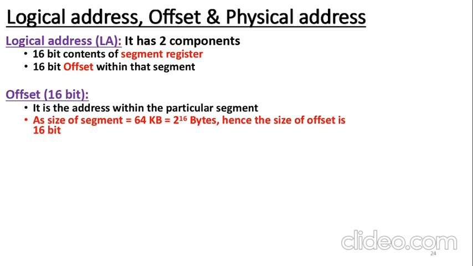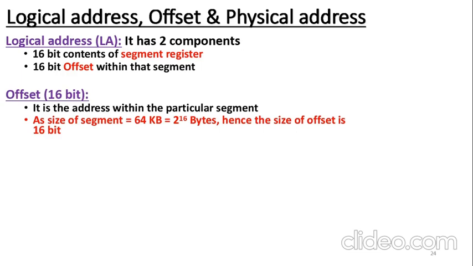I have already explained this in my earlier lecture as well. Size of segment is 64 kilobyte. Using binary logic of addressing, 64 kilobyte is 2 to the power 16 bytes. That's why the address within that particular segment will be 16-bit only.